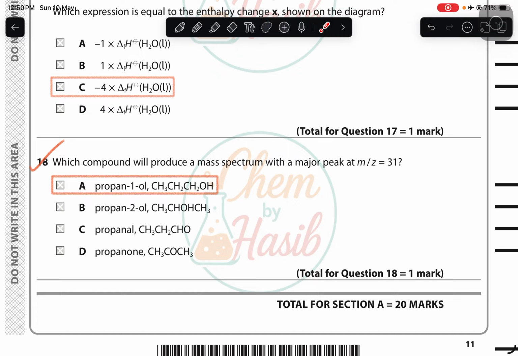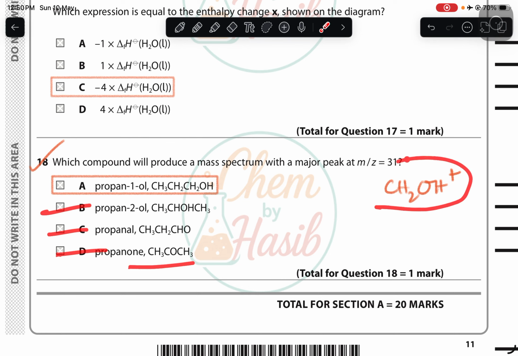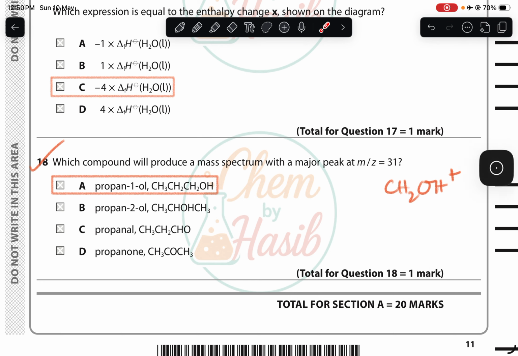As we studied in the class, 31 is equivalent to CH2OH+. So you look for CH2OH+. It's present in A only. B, C, D don't have CH2OH+. So therefore the answer would be A. Alright. Okay, now we move to section B.